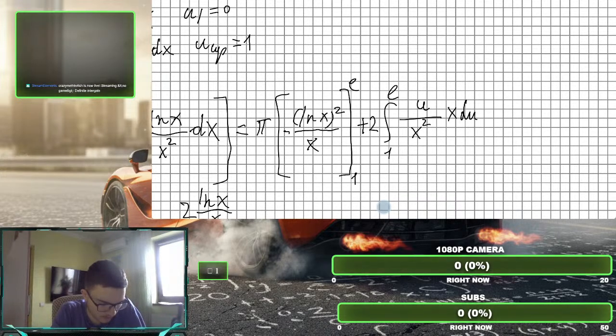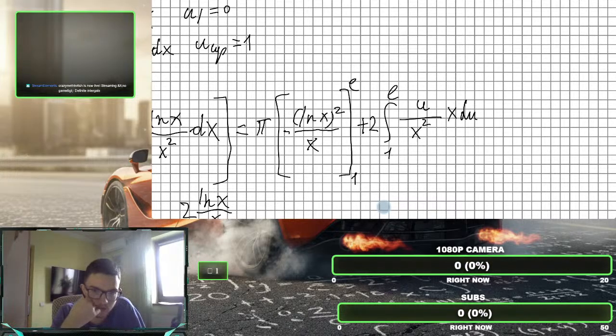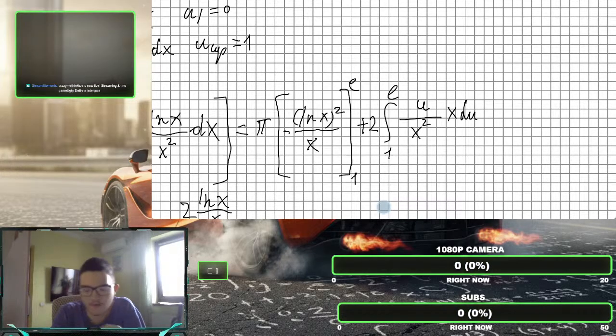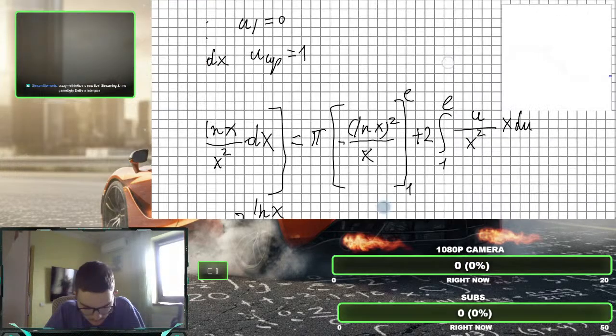Solve the first part, definite. Solve the second part, new integral. Oh, so you actually do it with integration by parts. I thought I just use substitution, but actually it's integration by parts. Okay then.